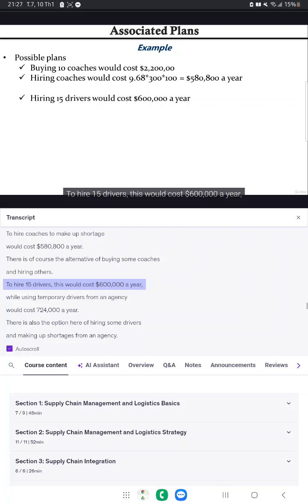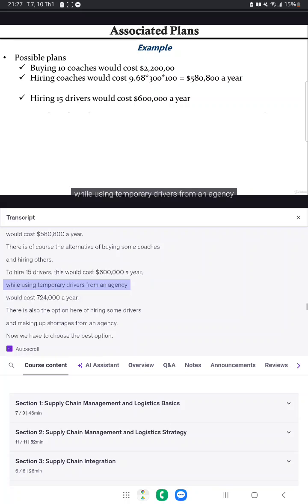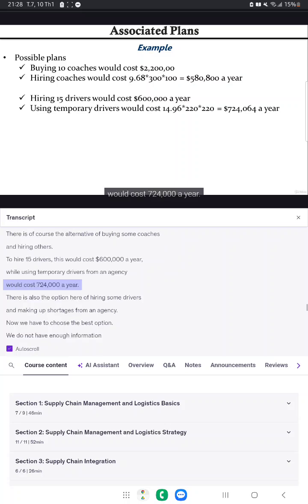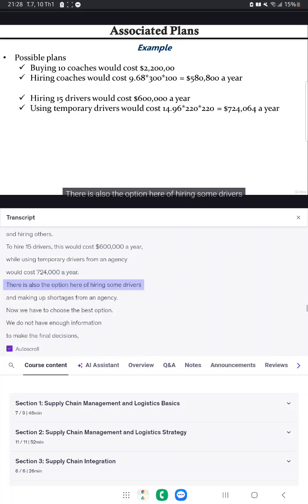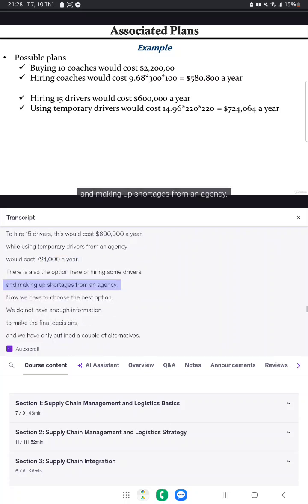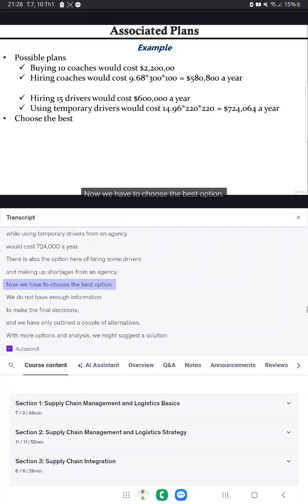To hire 15 drivers, this would cost $600,000 a year, while using temporary drivers from an agency would cost $724,000 a year. There is also the option here of hiring some drivers and making up shortages from an agency. Now we have to choose the best option.